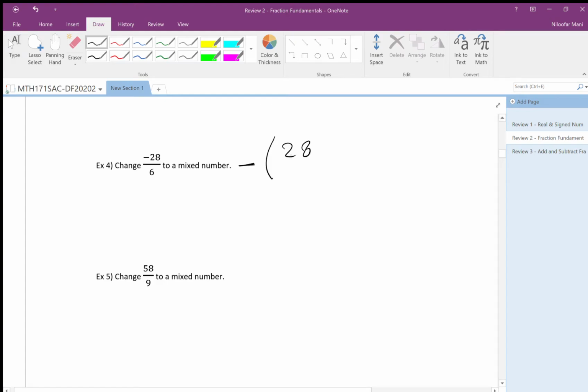Okay, negative. 28 divided by 6. Let's say I don't know how many 6s. Here I can say 4 sixes, but let's say I don't know, so I use my calculator. 28 divided by 6. So it is minus 4.6 forever. Doesn't matter, I use 4. So minus 4.